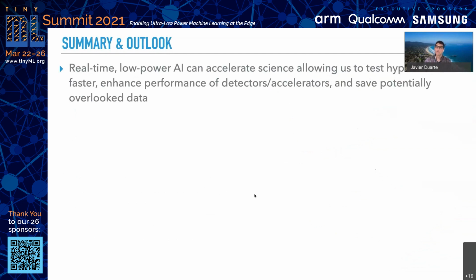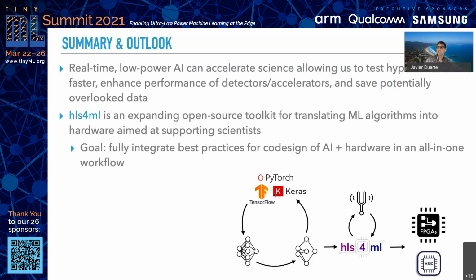Okay, so to quickly summarize, real-time low power AI can accelerate our science by allowing us to test hypotheses faster and enhance the performance of our detectors and potentially save data that have been overlooked. hls4ml is our expanding open source toolkit for translating these algorithms into hardware aimed at supporting scientists.